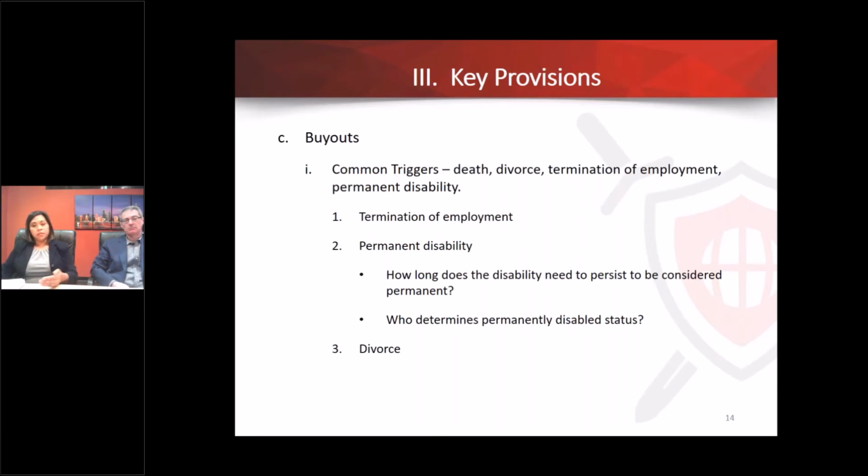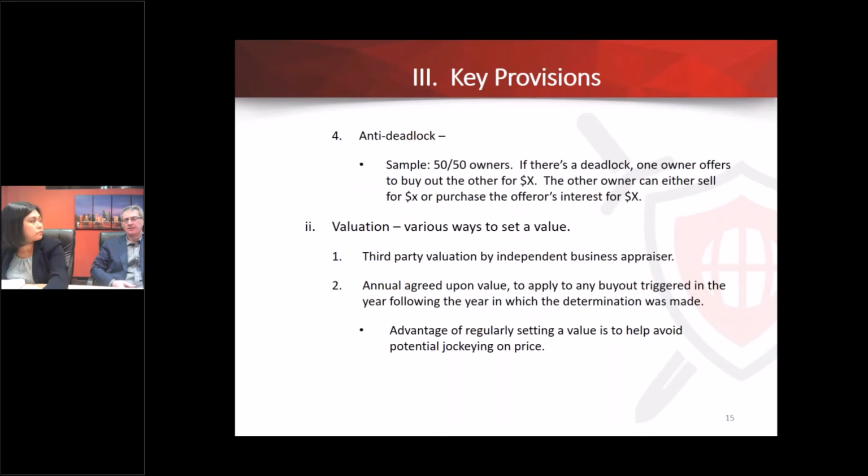Additional triggers are disability. Divorce could trigger a buyout scenario. If you do divorce, you generally have to have the wife sign. Right. And we're not sure whether that's enforceable under the prenup statute, postnup statute. But it's generally a good idea to have it anyway because all this stuff in litigation creates leverage.